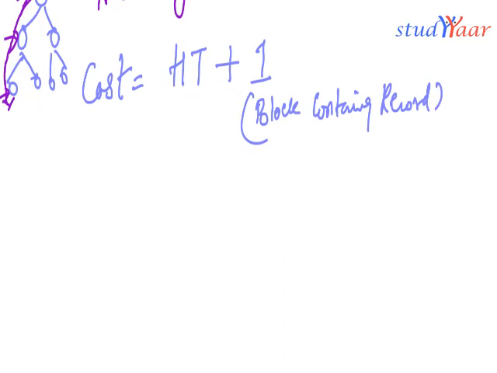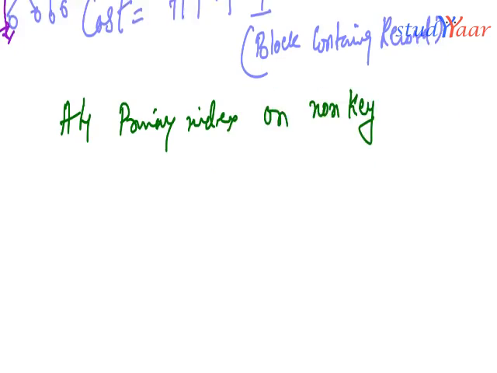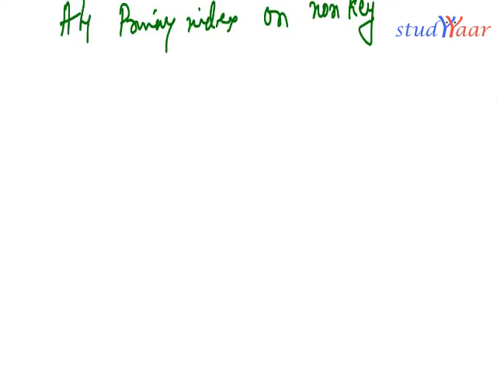Similarly, I have another algorithm known as A4, which is primary index on non-key. If it is non-key, there can be more than one record with the same search key value.